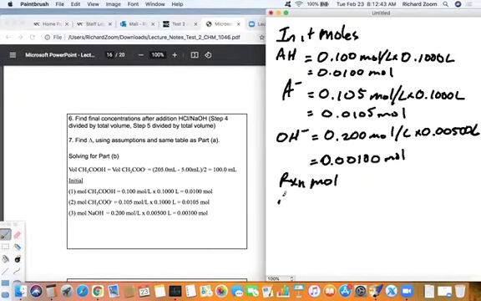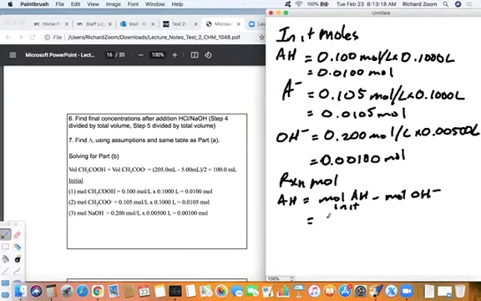So for the case of the AH, what happens is that the moles is going to be, let me write this out, moles of AH initial minus moles of OH minus. So what's going to happen is we know that the AH is going to go down because the AH is reacting with the OH minus.